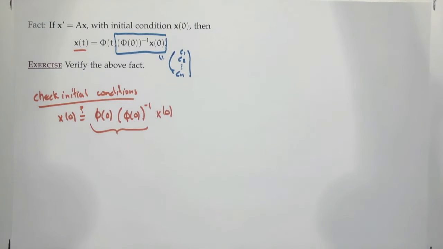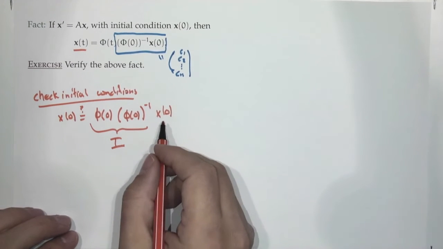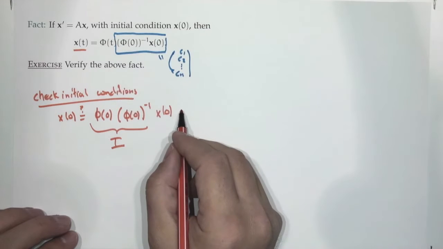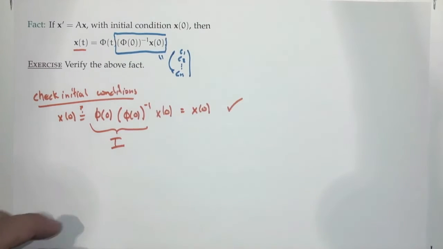So that's phi of 0, remember that's a matrix. It's what? 1. Or what's the equivalent of 1 for a matrix? It's the identity matrix. If I take the identity matrix times x of 0, we get x of 0. So that's the verification. It satisfies the initial condition. When you plug in 0, you get the right numbers.